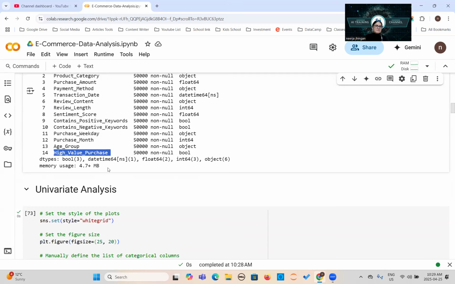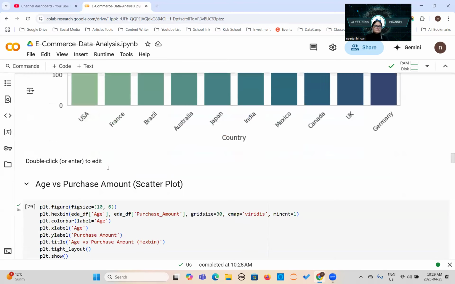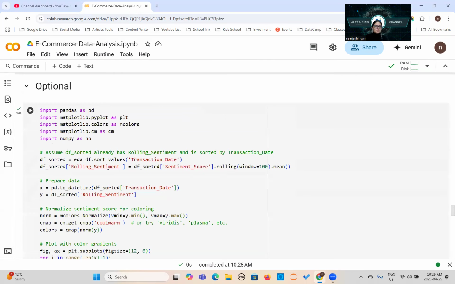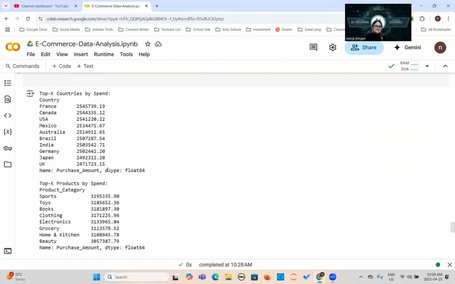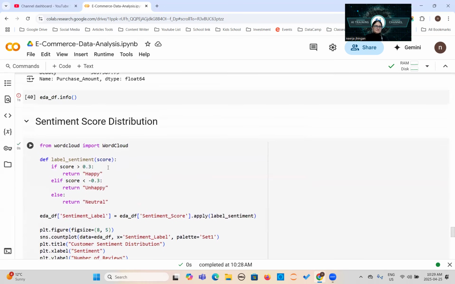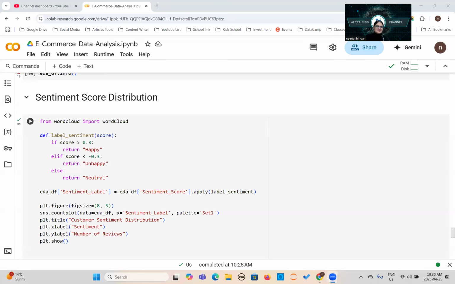Okay, now we will go back and come here. For this one, you need to import word cloud from your Python library.